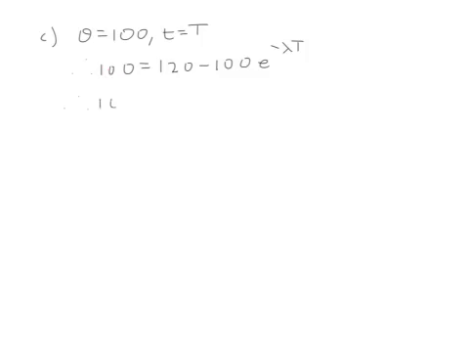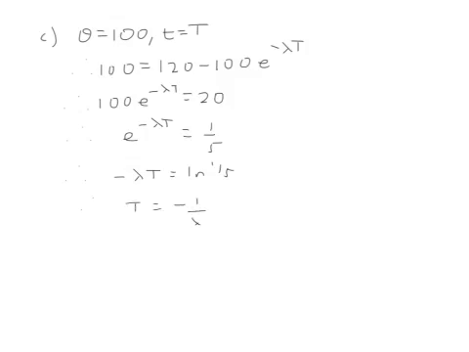So we've got 100 e to the minus lambda T equals 20. So therefore e to the minus lambda T is 1/5, 20 over 100 is a fifth. Therefore minus lambda T is ln of 1/5. Therefore T is minus 1 over lambda ln 1/5.